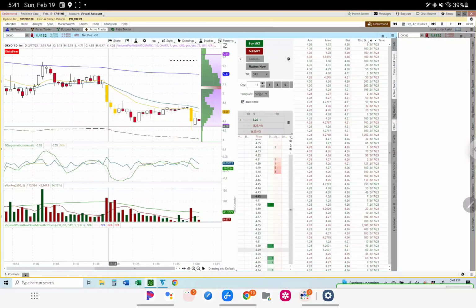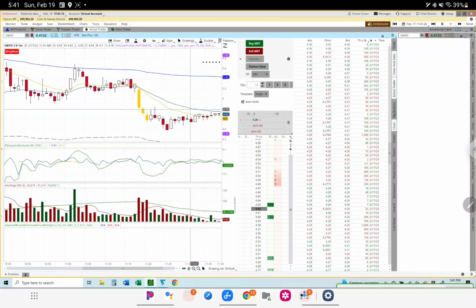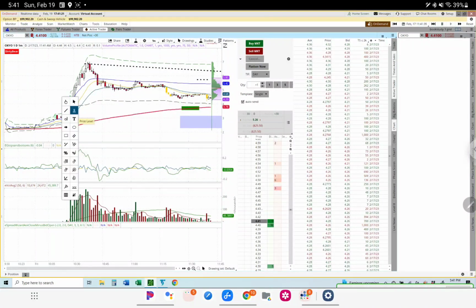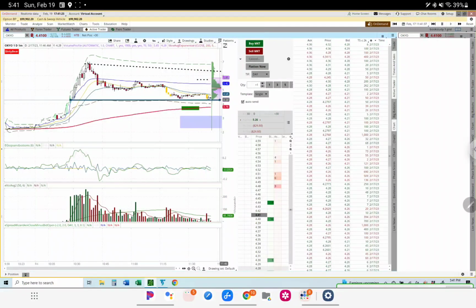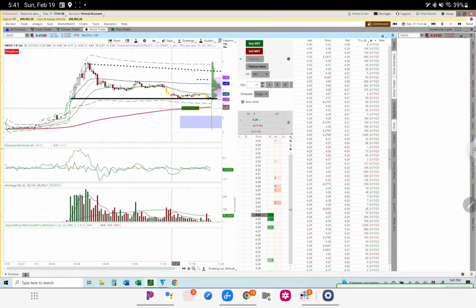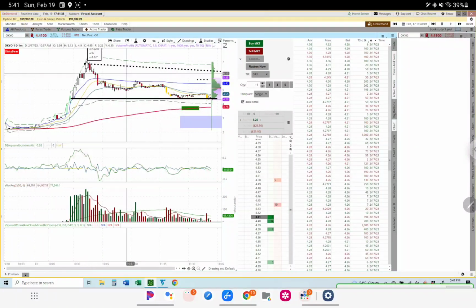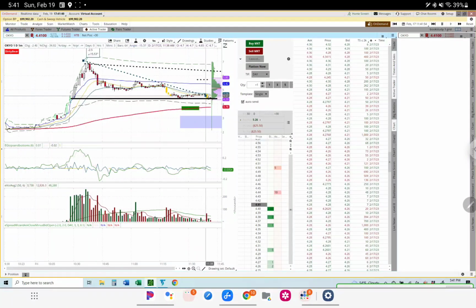And what that says to me is that people probably thought this was a good price level that would hold, or for whatever reason, people were thinking this was a good trend line to be broken.